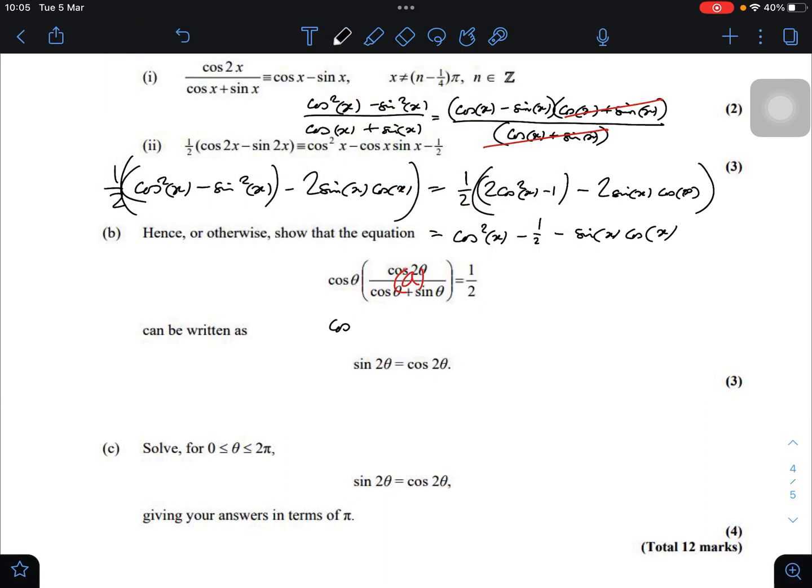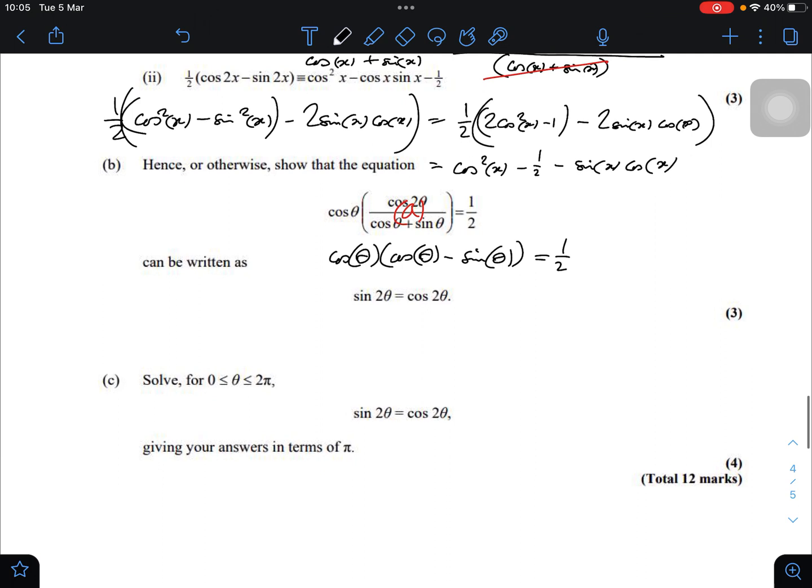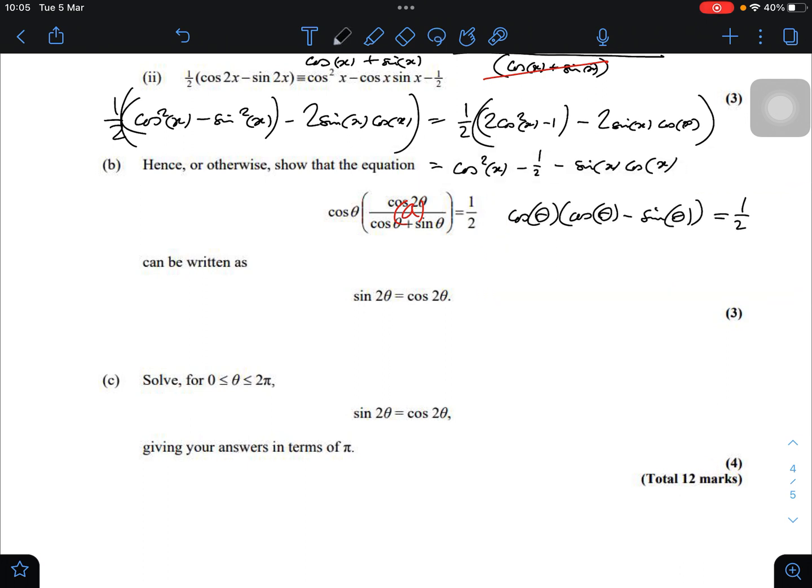So therefore we've got cos of theta times part A of our question, which is cos of theta minus sine of theta equals a half. And then if we multiply that out, we would get cos squared theta minus cos theta sine theta equals a half.